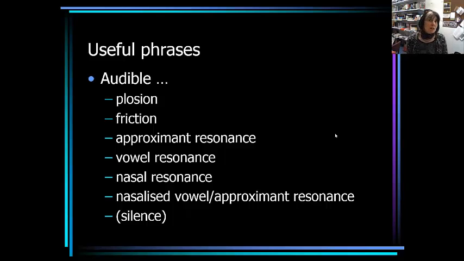And also silence. You don't have to say audible silence, of course, because silence is something that you hear anyway, but you can also have silence.